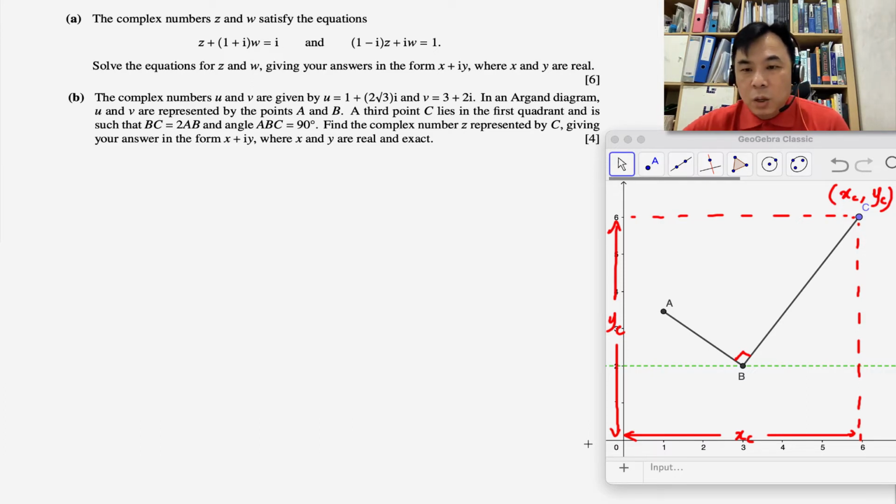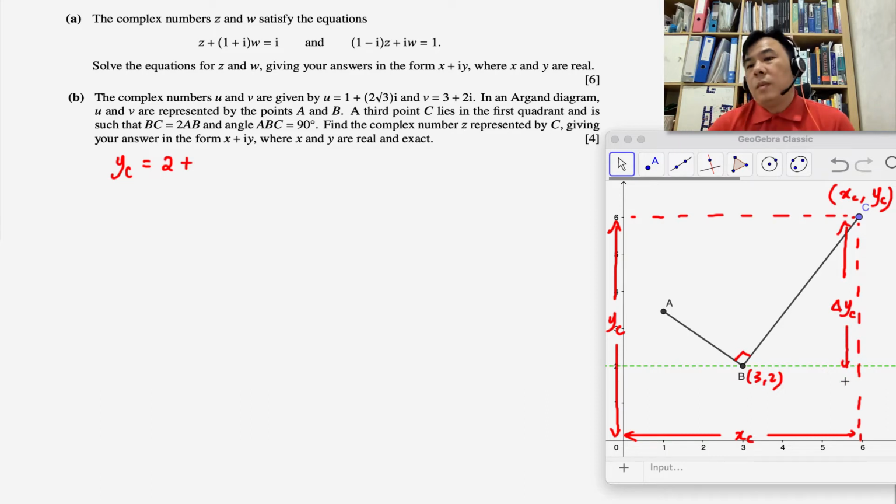It will be quite simple because we know the coordinate for B, which is (3, 2). So yc is given by 2 plus an extra increase.